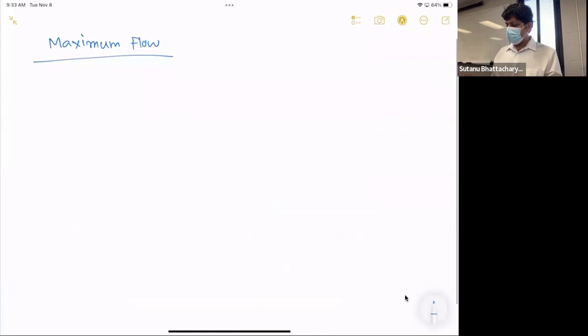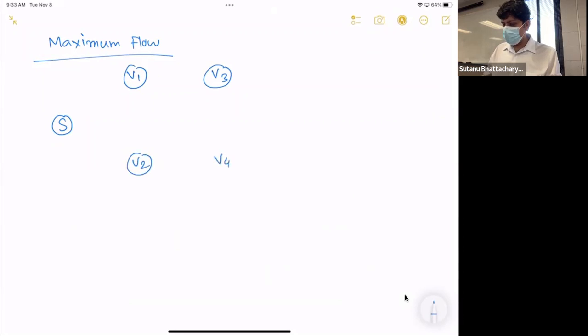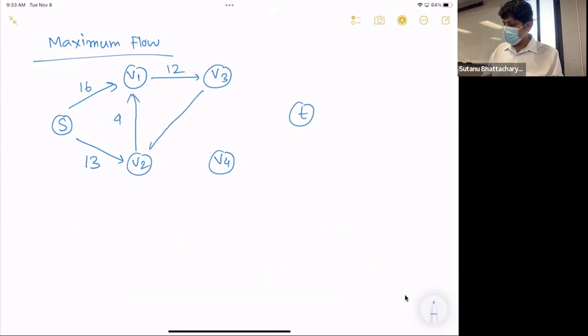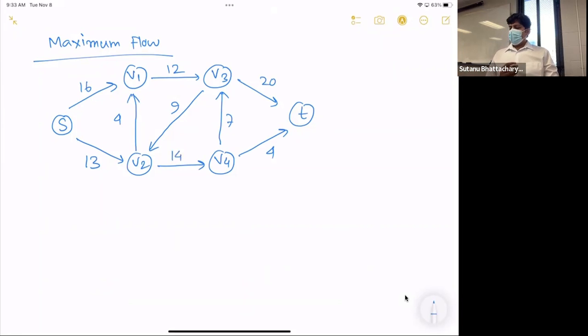The problem is pretty easy to understand. Let's take one example. This is the source node. Now, there are two special nodes here.